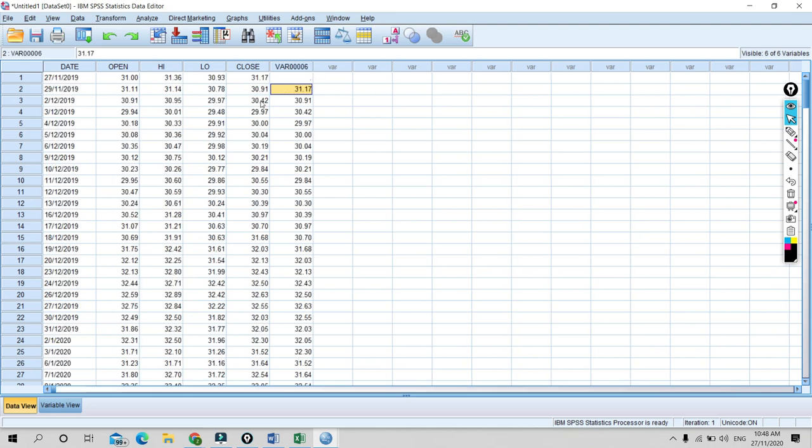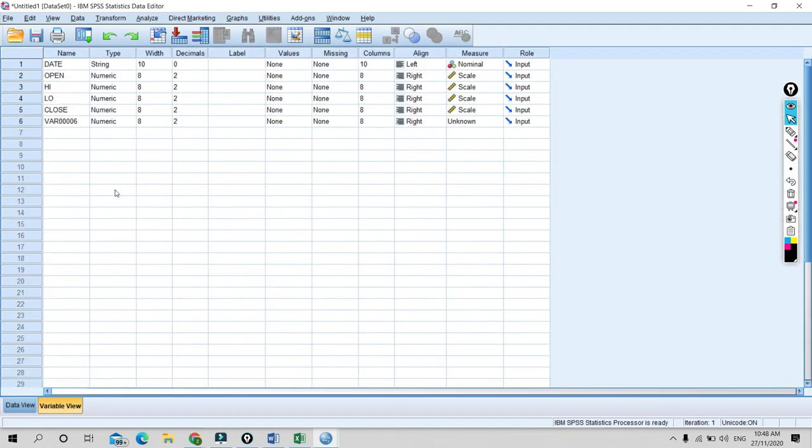I go down here and delete the extra data, because we are losing one data point. So I can get the regression line, with Yt as my dependent and Yt minus 1 as independent. I go to Analyze, Regression, Linear Regression.